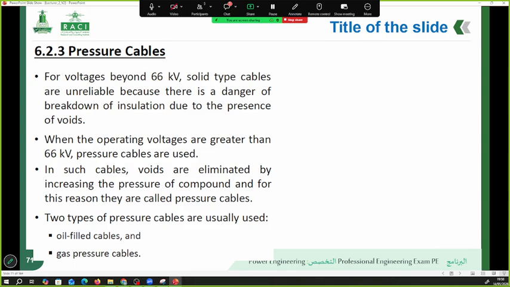So to solve these problems, pressure cables are used for operating voltages greater than 66 kilovolts. These cables eliminate voids by maintaining high pressure on the insulating compound, which is where their name comes from. This slide also notes that there are two main types of pressure cables: oil filled cables and gas pressure cables.